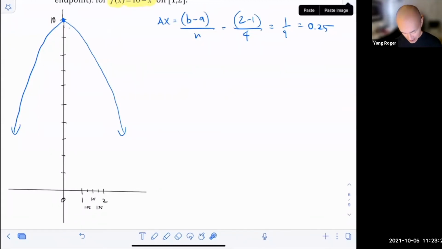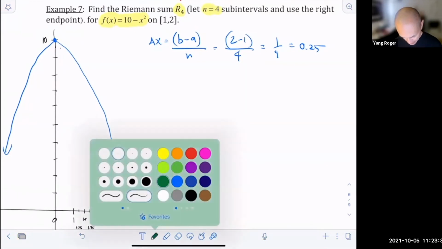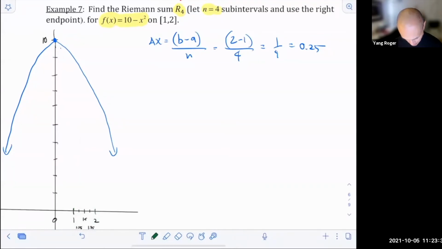All right. Next, I want to draw my rectangles. So see if I can do a decent job here.